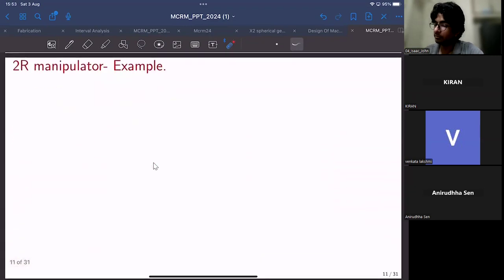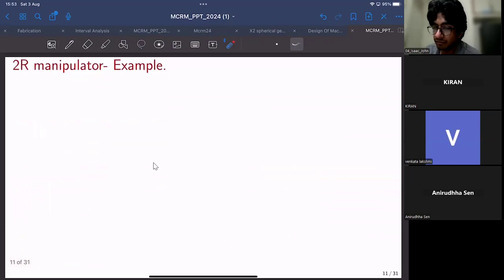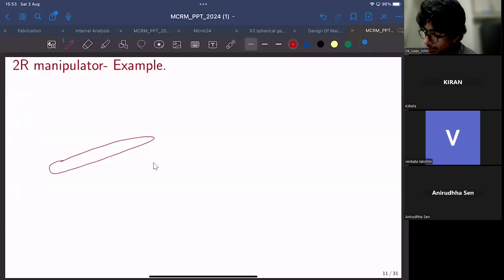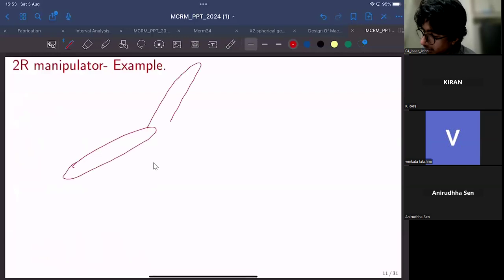So we will now give a brief example of how to assign the frames of reference on a few manipulators. The one example is the RR manipulator, or the 2R manipulator, which is very widely studied.